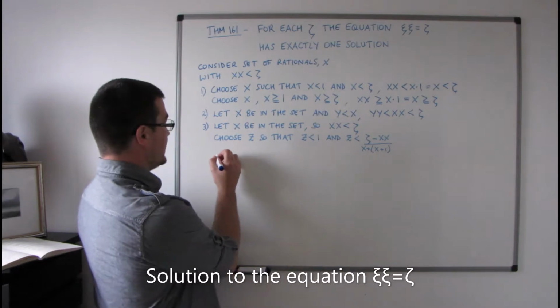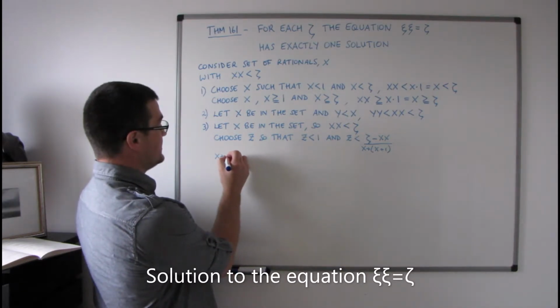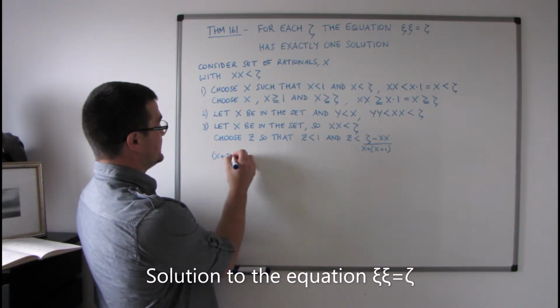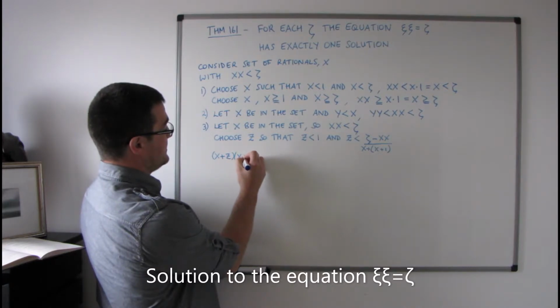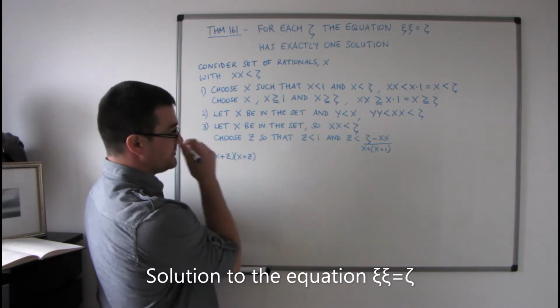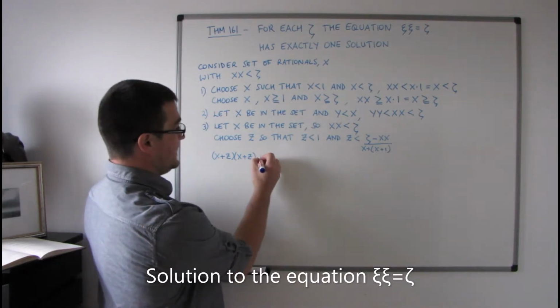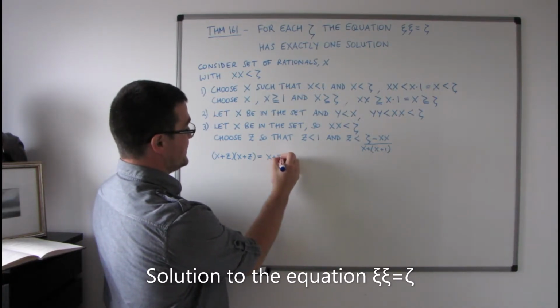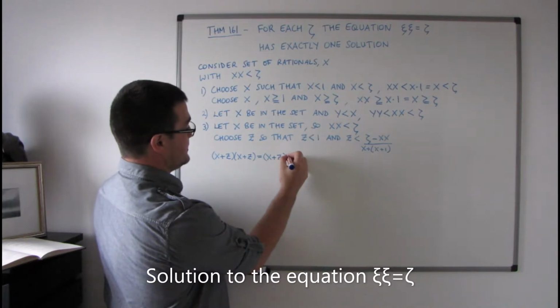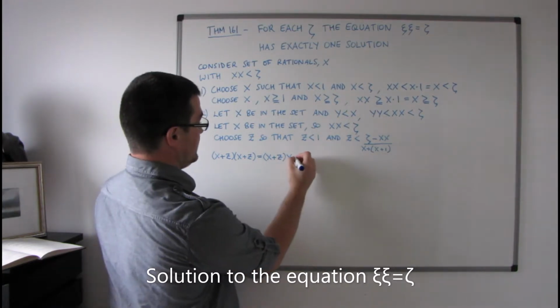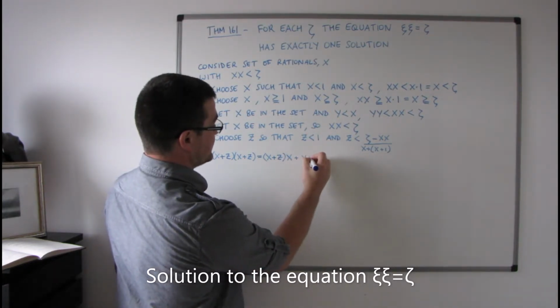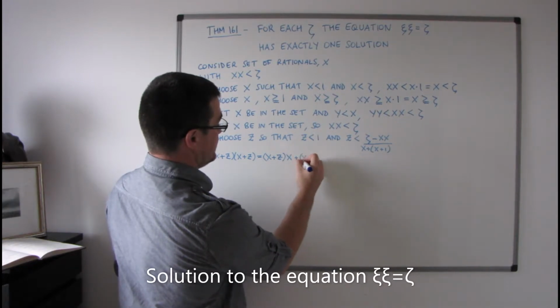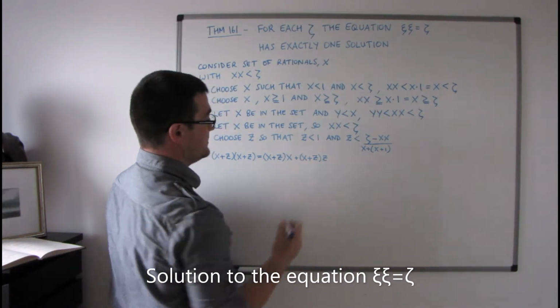Okay, so let's have a look at x plus z. So x plus z times x plus z is equal to x plus z times x plus x plus z times z.